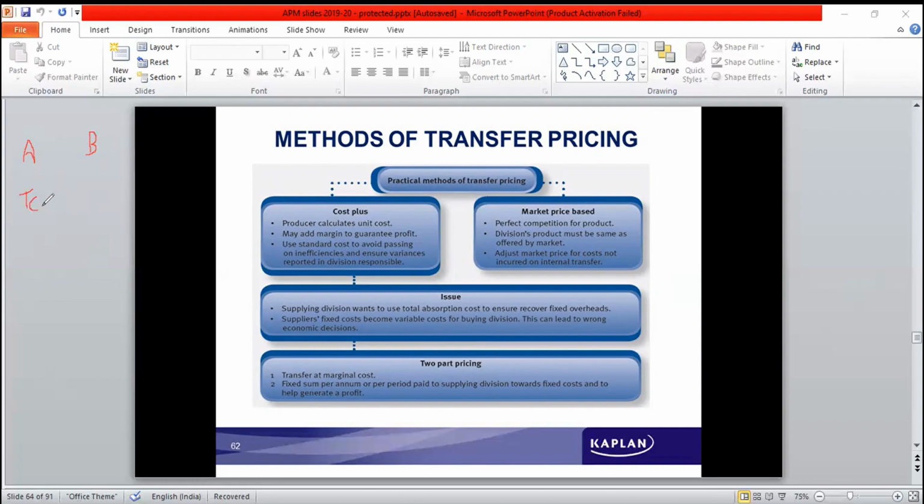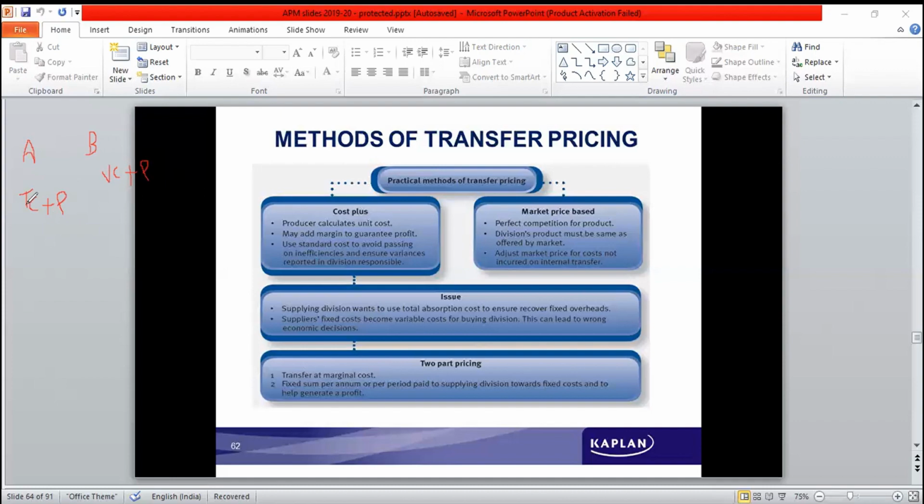But for the buying division, if the total cost and the profit margin are included, it is unbearable because their cost per unit increases. That will result in their inefficiency. So the buying department would want only the variable cost to be charged, maybe with some profit margin added. That is again one issue.